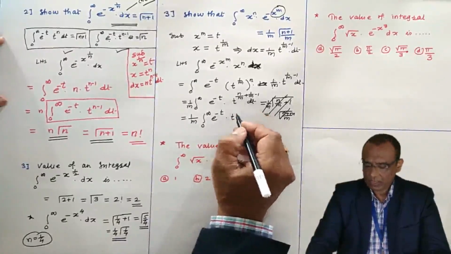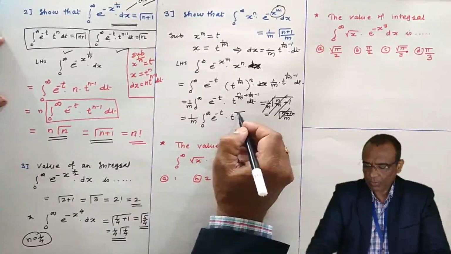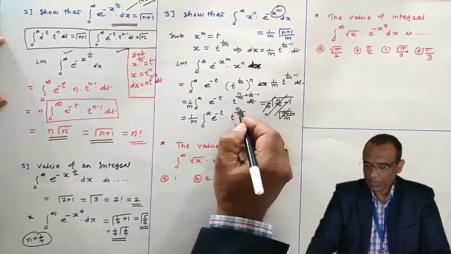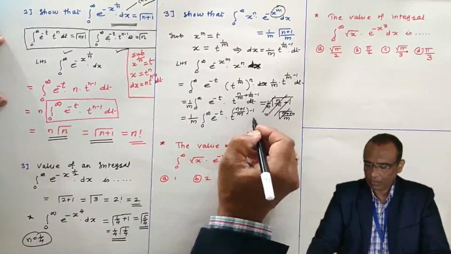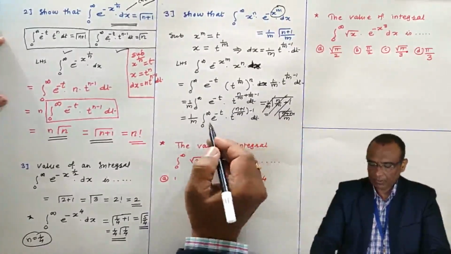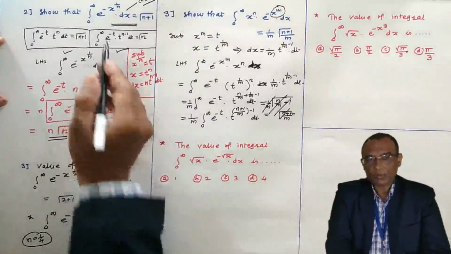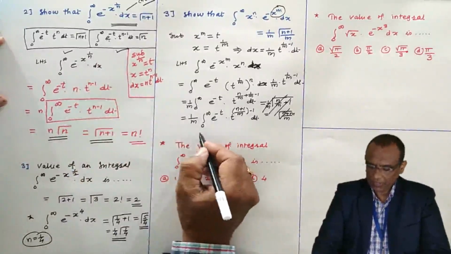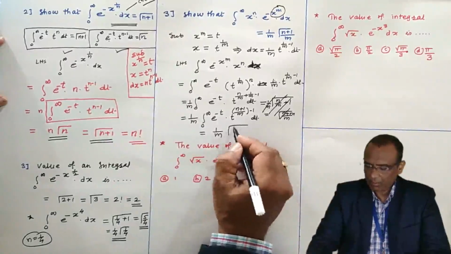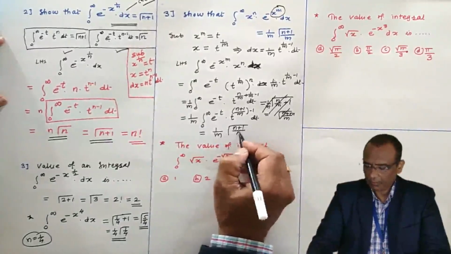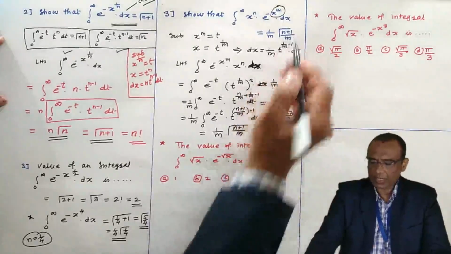In these two fractions, m is the LCM and n plus 1 is there, and this power minus 1. Now, by this definition of the gamma function, e power minus t raised to power n minus 1 is gamma n, that is gamma of n plus 1 by m. So this is the right hand side we have done.